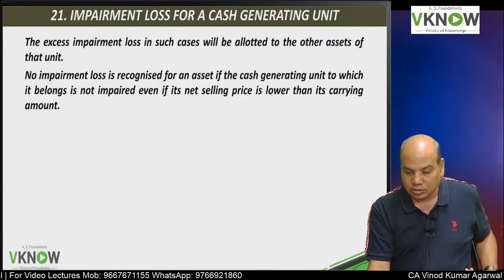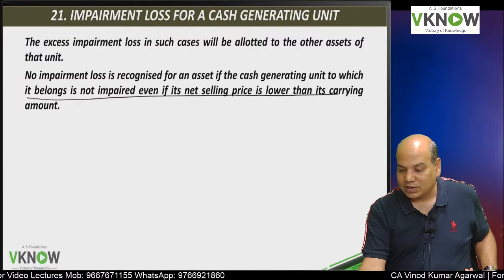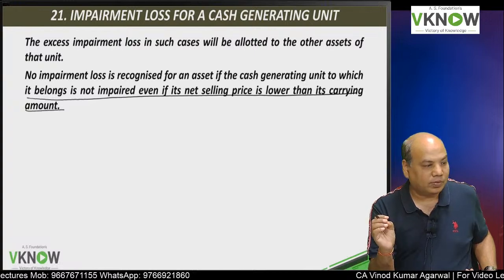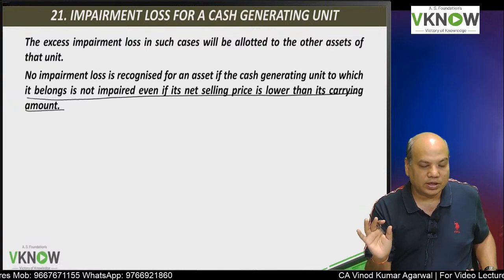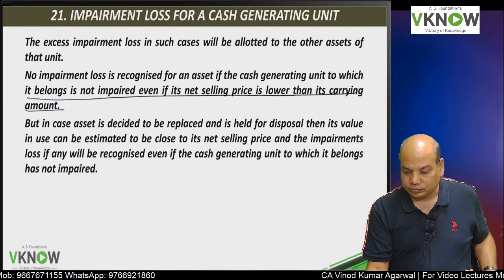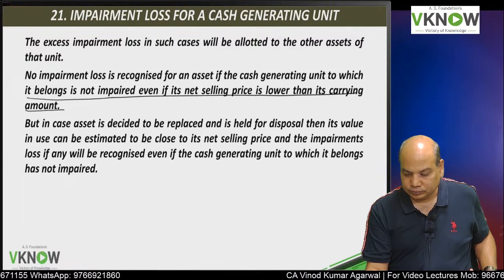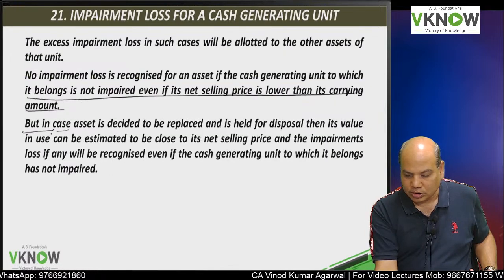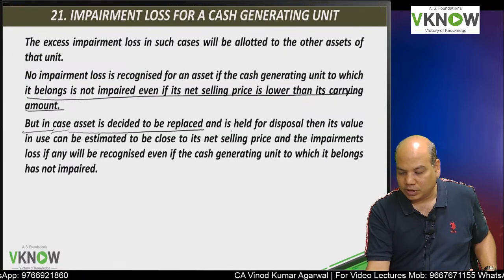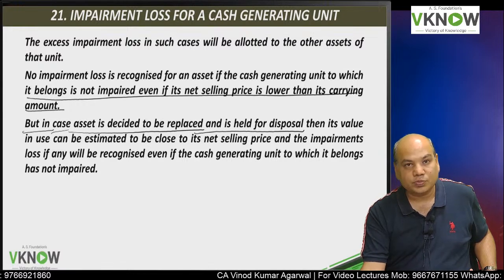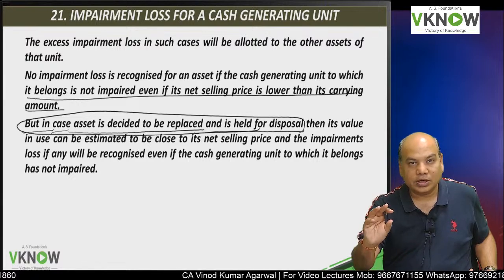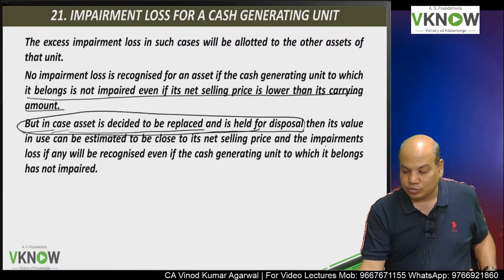But then you may have to revise its useful life if there was an indication of impairment, or you may have to revise the salvage value. Okay. Next line, but in case asset is decided to be replaced and it is held for disposal, then it does not generate value in use.